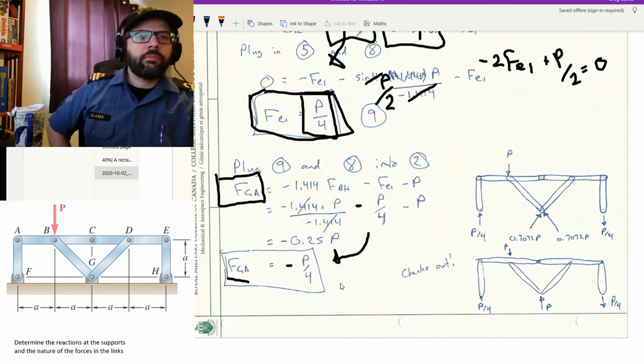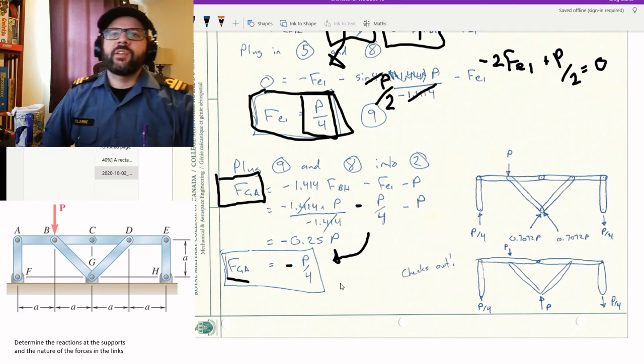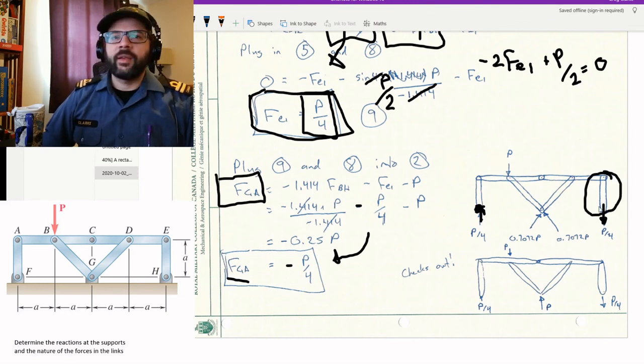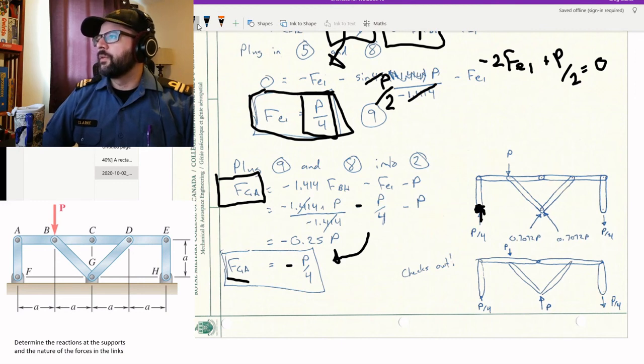As a bit of a sanity check, it's good to go back to the original free body diagram and throw stuff in there. So we got our P over 4 term here, and a P over 4 term here. The tension calculated in this one ended up being positive, so the directionality of this arrow stays the same.